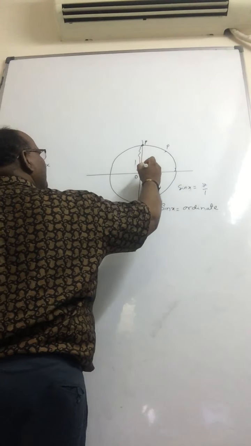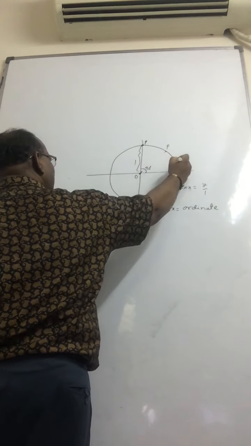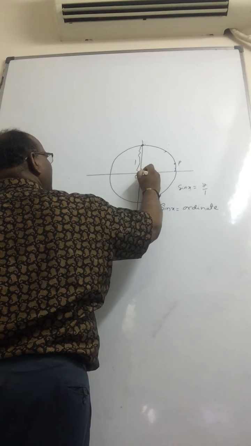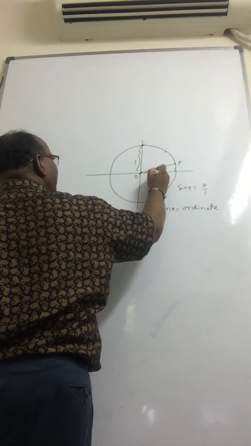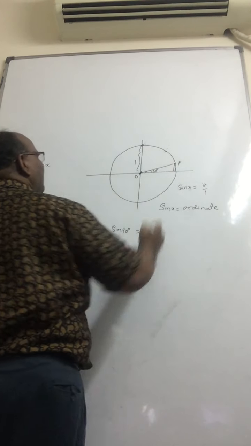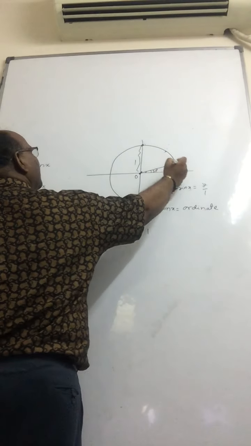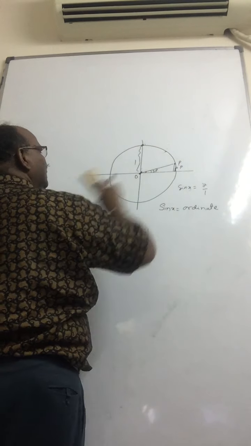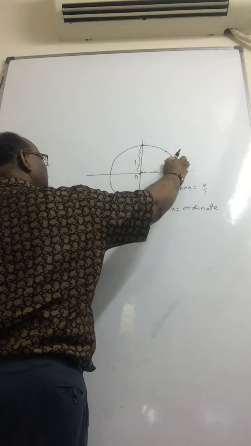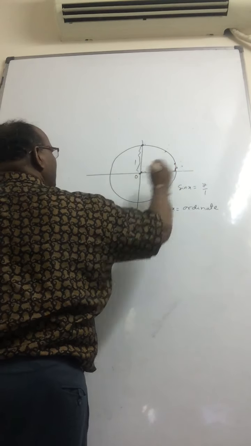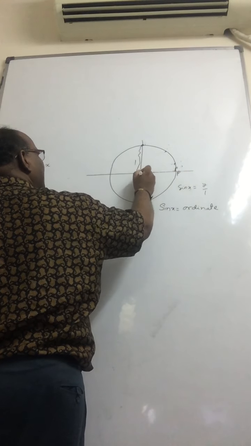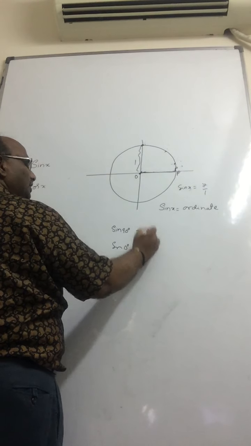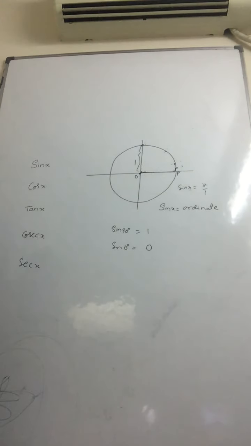If P is somewhere here, the angle may be 30 degrees, this will be the y value. If the point happens to be here, this will be the y value. If P happens to be here, then the angle made is 0 degrees, and the y value is 0.